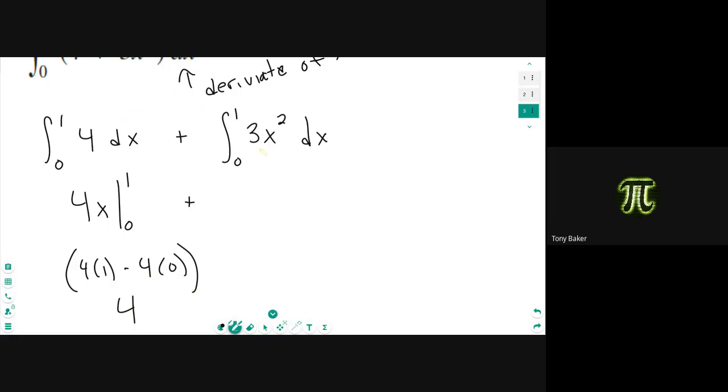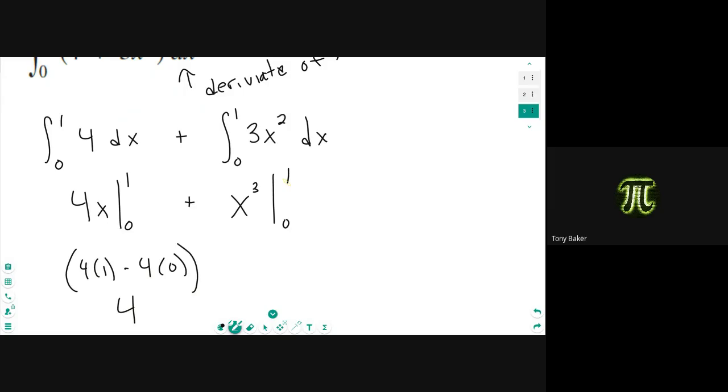All right, what's the integral of 3x squared? Yes. Because we're going to divide by 3, and that ends up canceling out the other 3. So this just becomes x cubed.